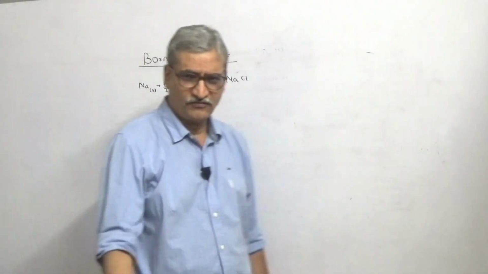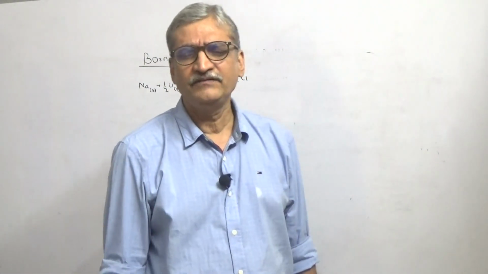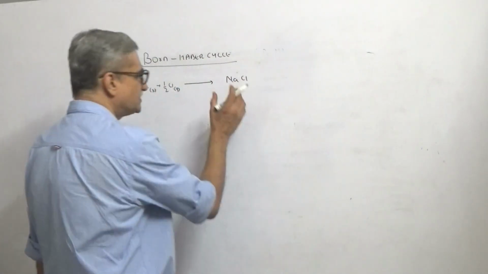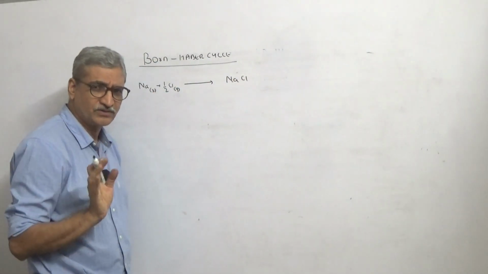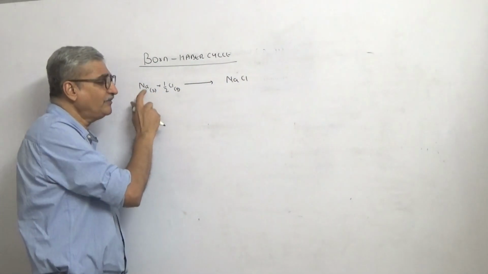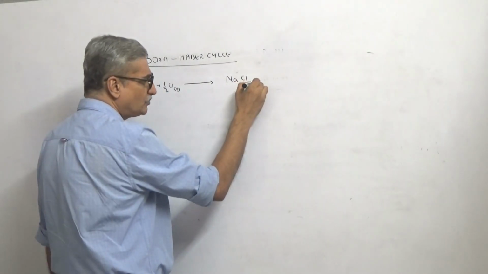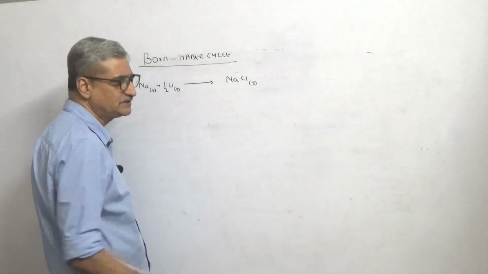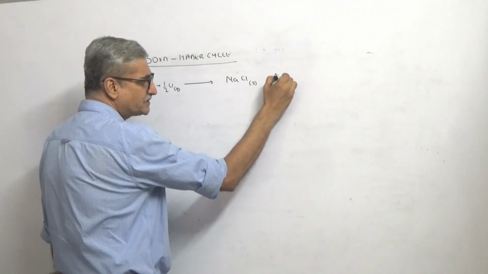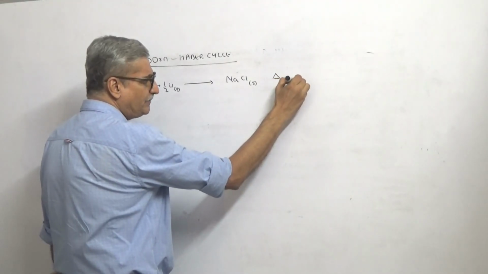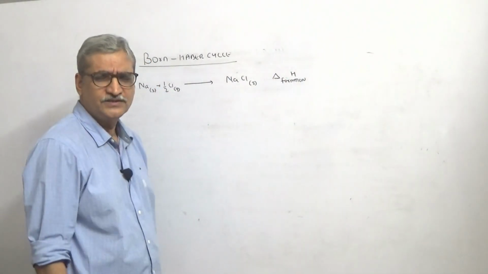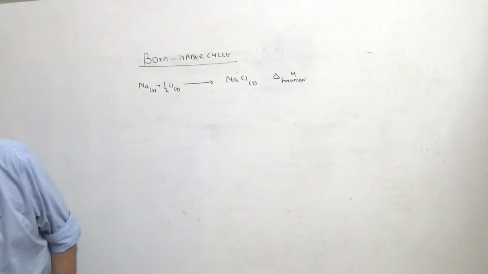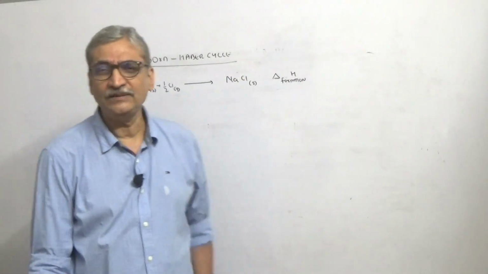What is enthalpy of formation? When 1 mole of a substance is formed from the elements, so far we were talking about gaseous, formed from the elements in the solid state, forms sodium chloride solid. This value is the enthalpy of formation.